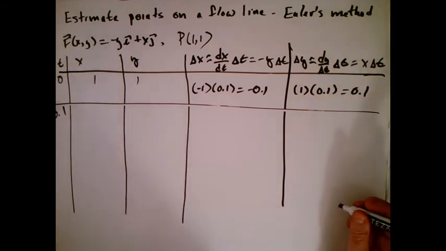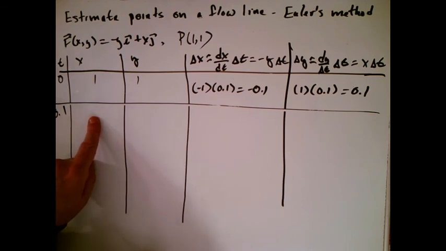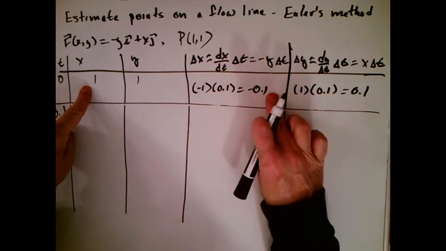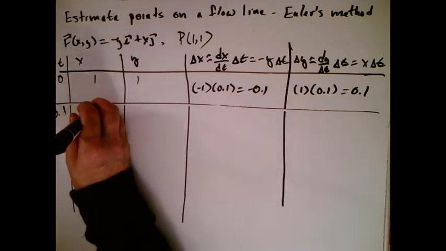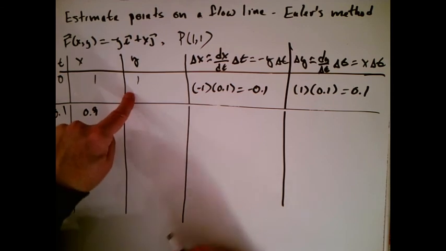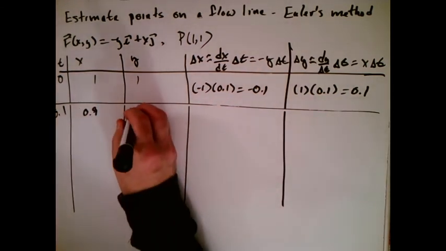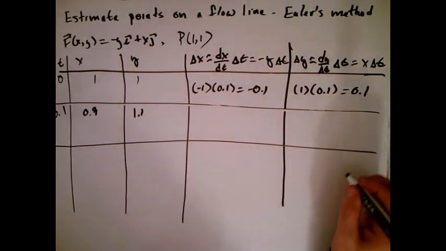Now what do we do with these? I'm going to go to my second line. My new x value is going to be my old x value plus how much it changed. So that's 1 minus 0.1, just 0.9. My new y value is going to be my old y value plus how much it changed, and that takes me up to 1.1. Now what happens next? We just do it again.